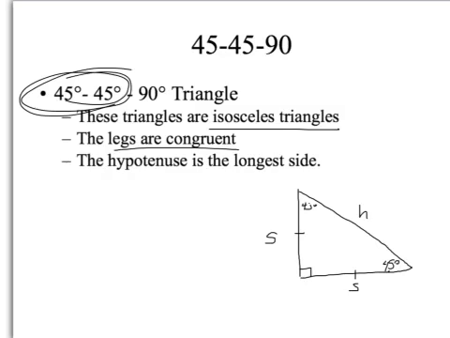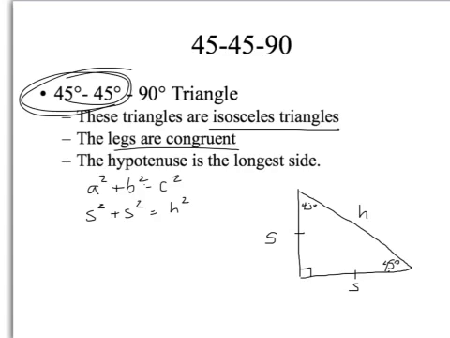If we want to find the length of that leg, we have to look at what happens when we put that into the Pythagorean theorem. So we have a squared plus b squared equals c squared, right? That means we have s squared plus s squared equals h squared.